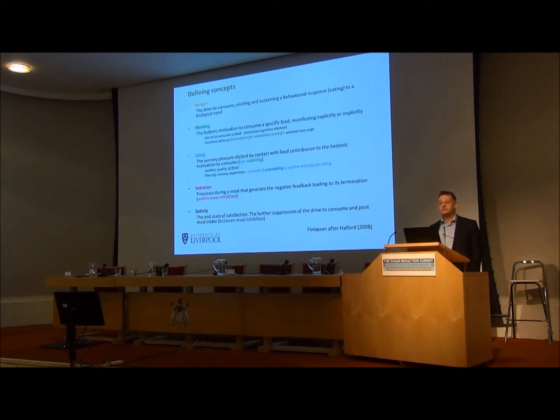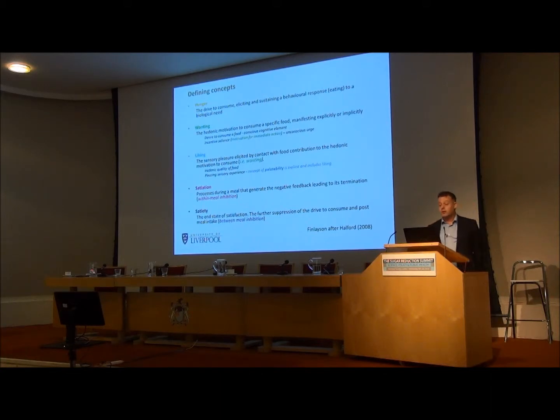And those are the systems associated with reward, liking and wanting. And here, these are Graham's definitions and not mine, so this is his ownership, not me. What do we mean by wanting? Well, self-evident in a sense, but it's the hedonic motivation to consume a specific food, and it manifests itself explicitly and implicitly. Well, what do I mean by that?